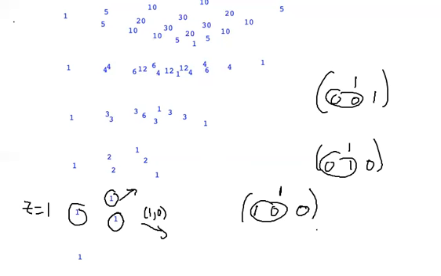All right, let's take a look at another one. Maybe the next line, this 2. What would that be? Well, this is z equals 2, so it'd be a 2, choose, and where are we at?